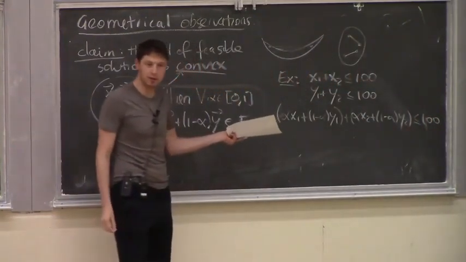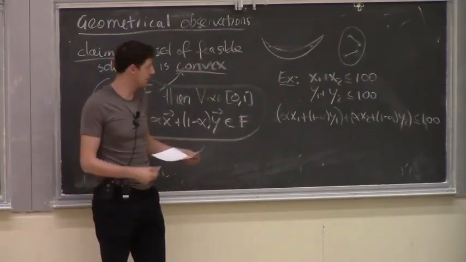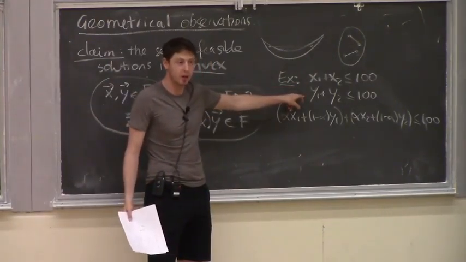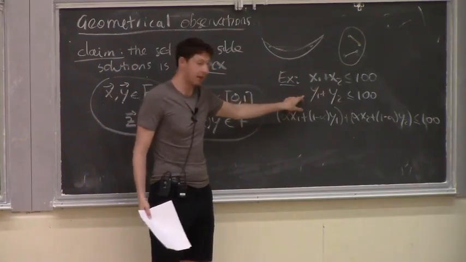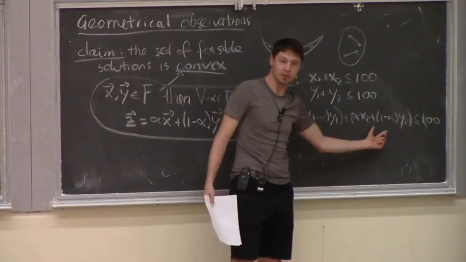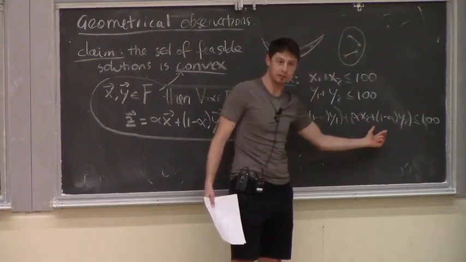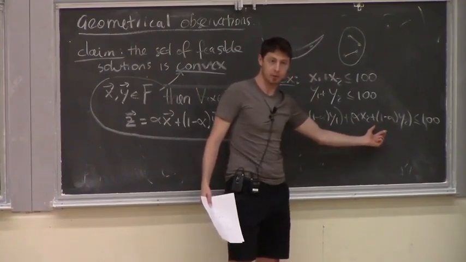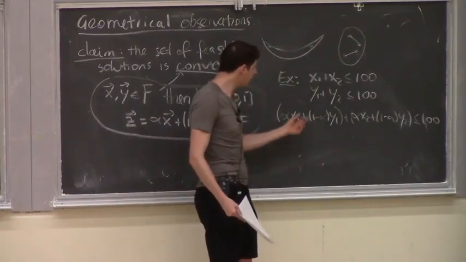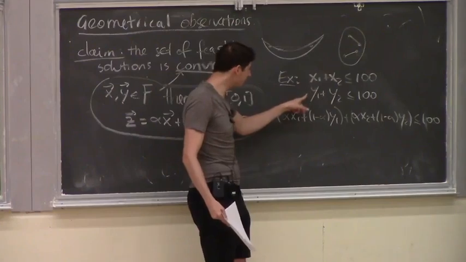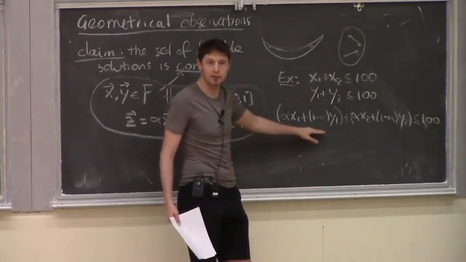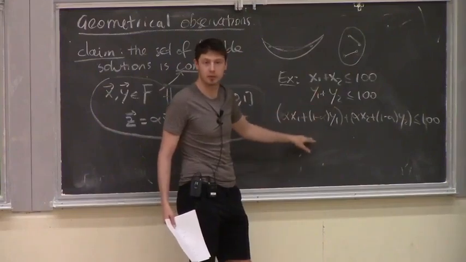Right? Do we agree that that's what I want to prove? I'm saying, give me two points that satisfy a certain constraint. I want to check whether z, whose z1 looks like this and z2 looks like that, also satisfies that same constraint. Do you agree that this is what we want to prove? Is it the case that if this holds and this holds, then this holds? How could I derive this one from the other two?